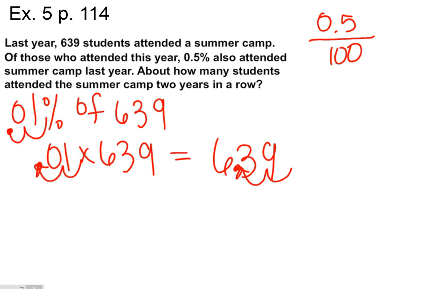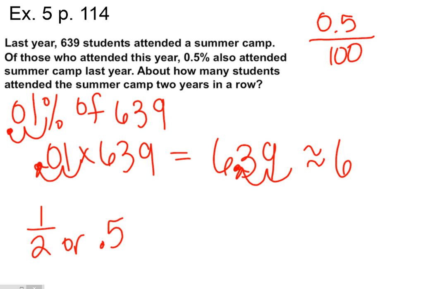Well, we can't have 6.39ths of a person, so let's just estimate that to about 6. 1% of 639 is about 6. But we don't want 1%. We want half of 1%. So half, or 0.5. Okay. Half of 6 is 3.